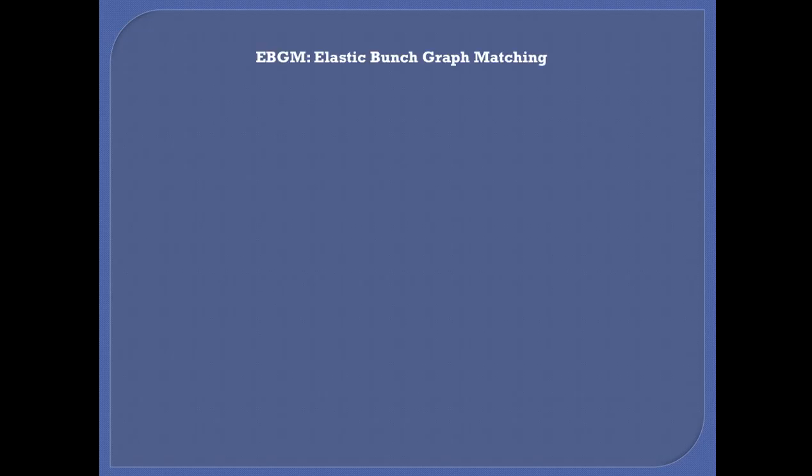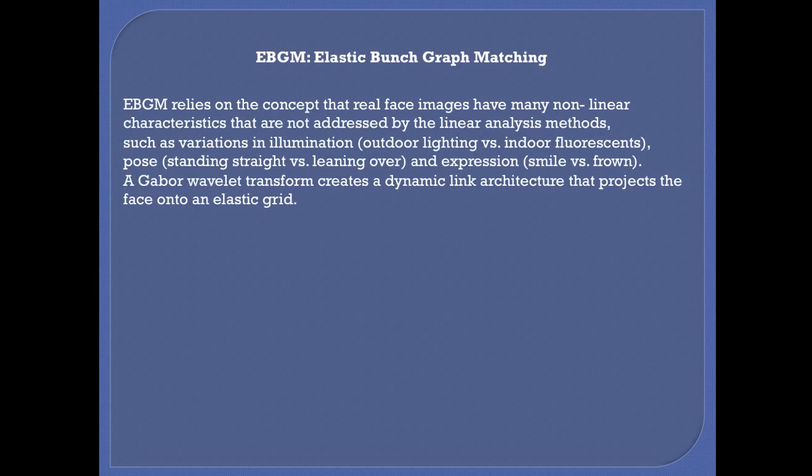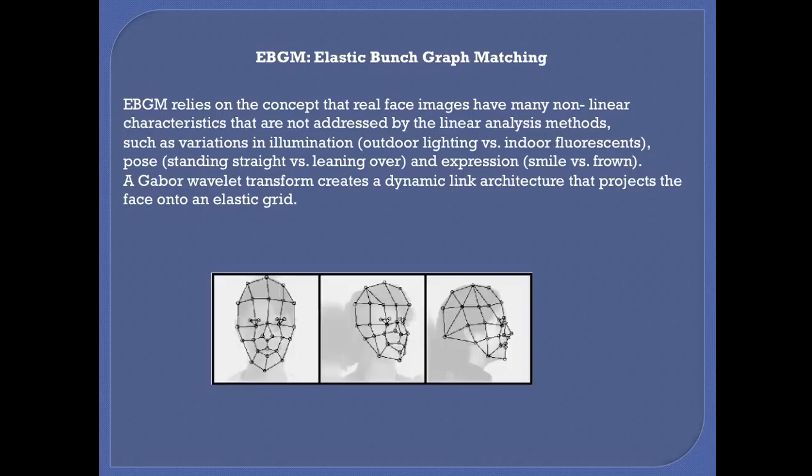Now the EBGM, the elastic bunch graph matching, relies on the concept of real face images that have non-linear characteristics. So this would take into account, as we could see some here, outdoor lighting versus indoor, standing up straight versus leaning over, different expressions, laughing, smiling, frowning, crying, and try to use it based on that.